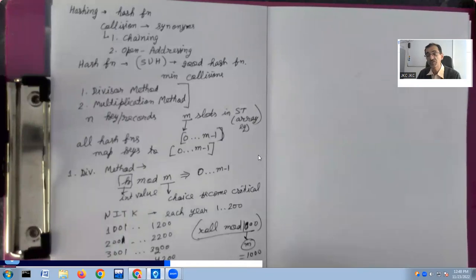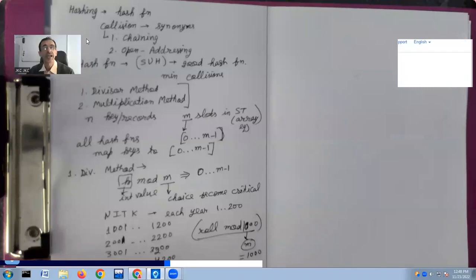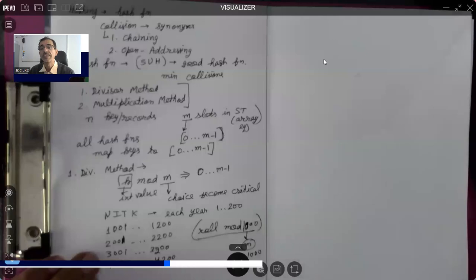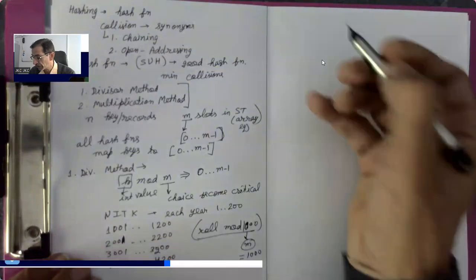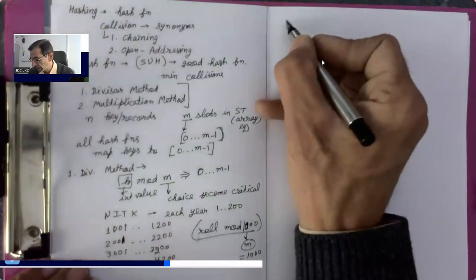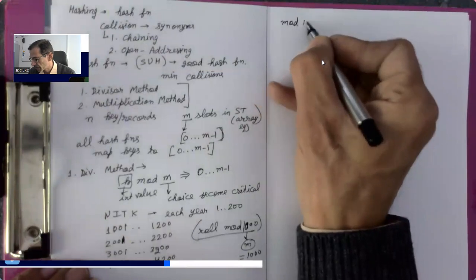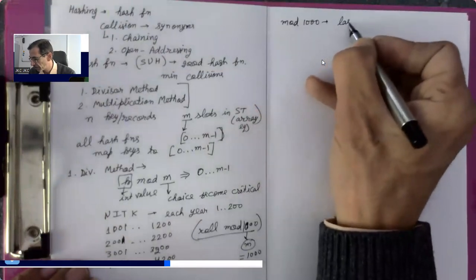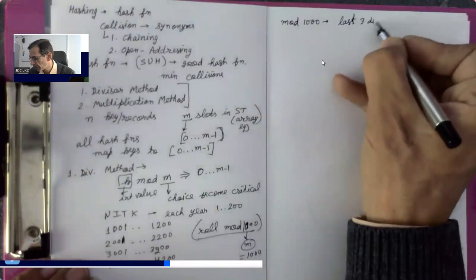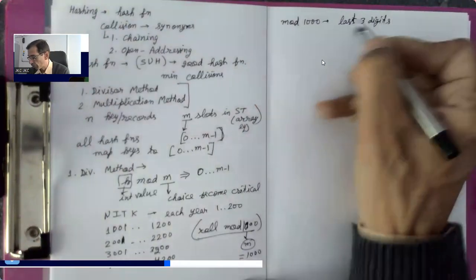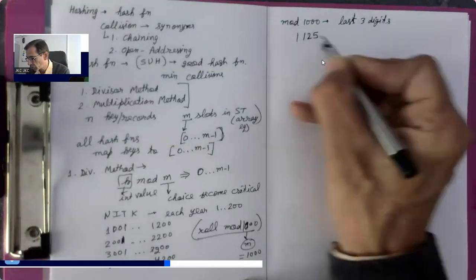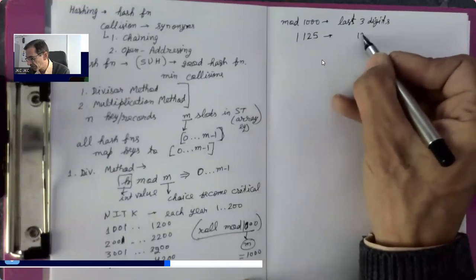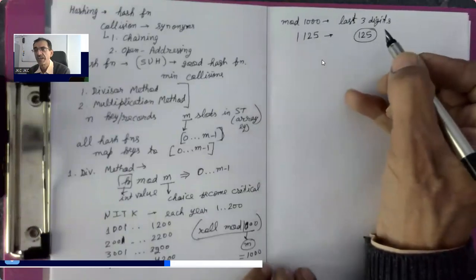Now, if I have chosen m like this, this is going to deteriorate my possibilities, and collisions are going to be very frequent, because mod 1000 effectively gives the last 3 digits. If I have a first year student with roll number 1125, the mod will give 125.